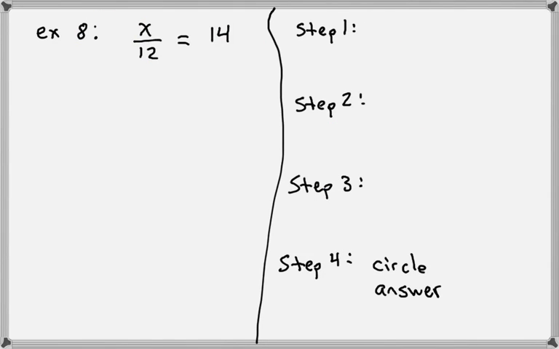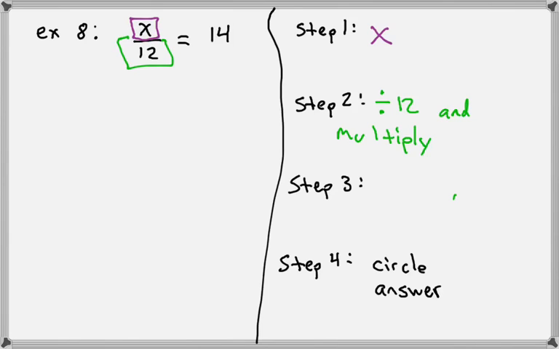Here we have an x divided by 12 is equal to 14. We are trying to solve for x. That divide by 12 is what is keeping it from being by itself. You undo division with multiplication.